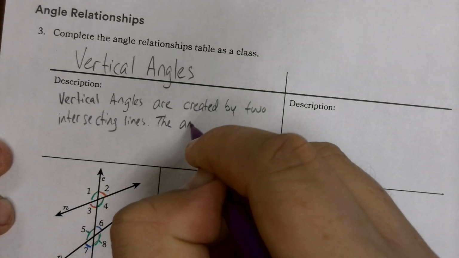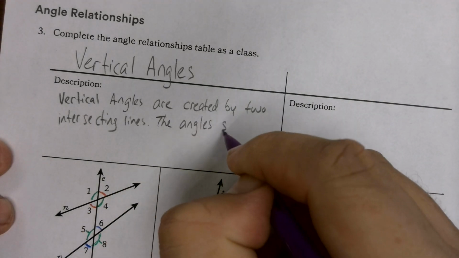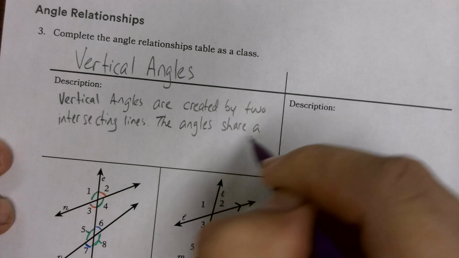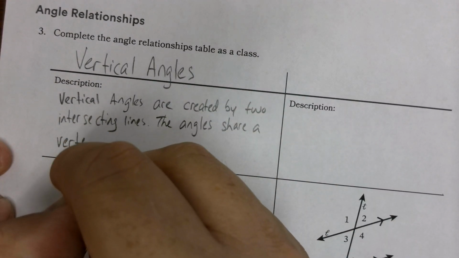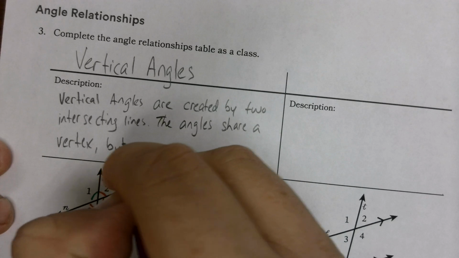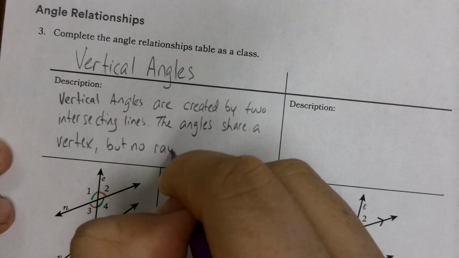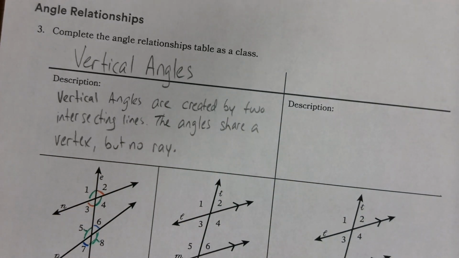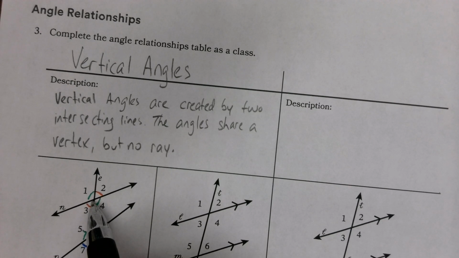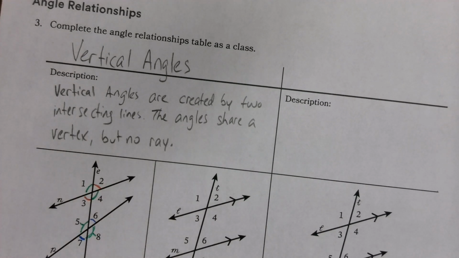The angles share a vertex but no ray. So if we look, we have a vertex, but they do not share any sides.